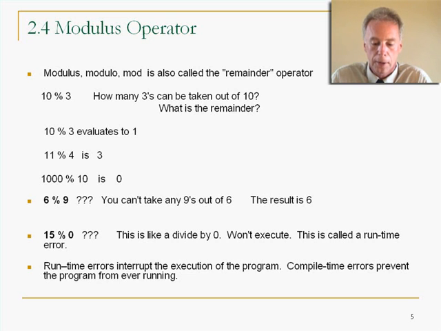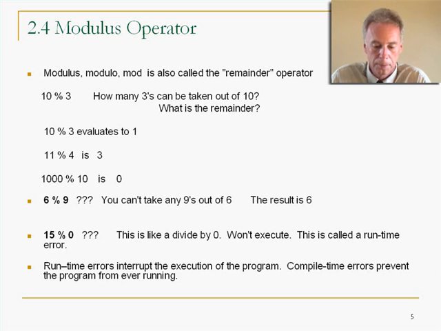It has the same precedence as multiply and divide. And if we write 10 mod 3, what we really want that to evaluate to is how many are left over after we take out as many 3's as we can. So we can get 3 3's out of 10 with 1 left over. So 10 mod 3 evaluates to 1.